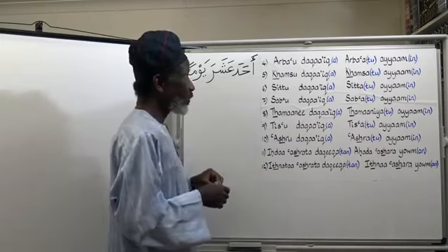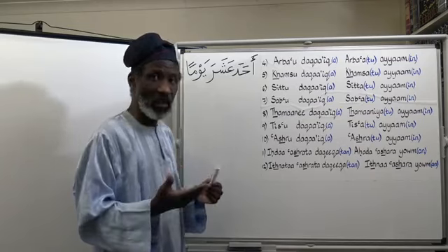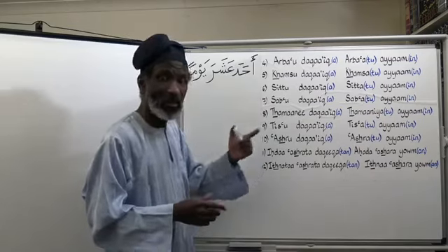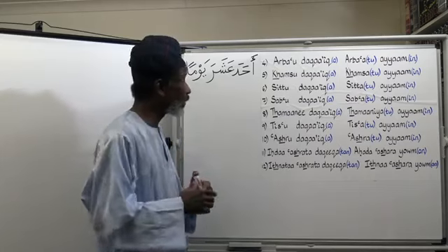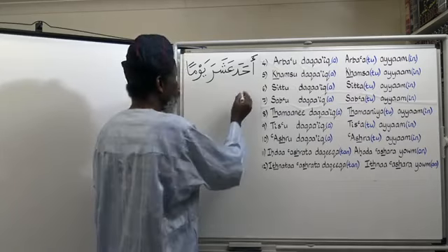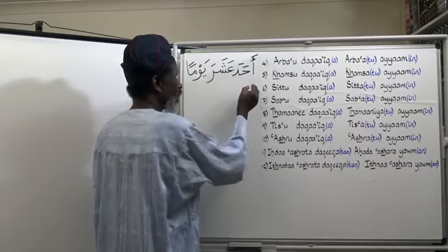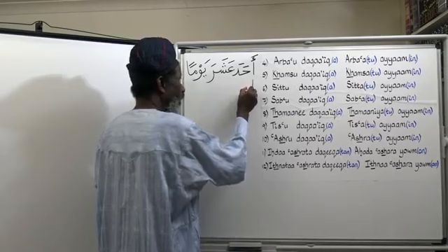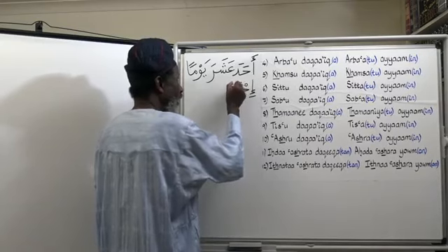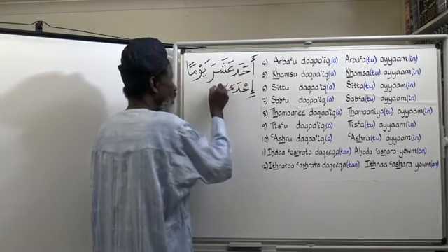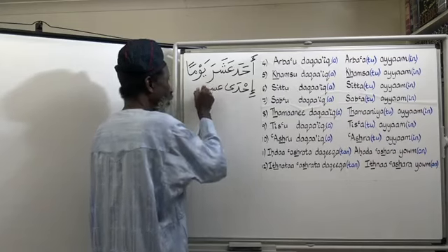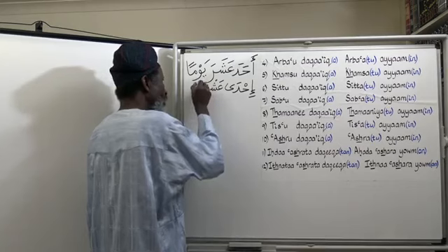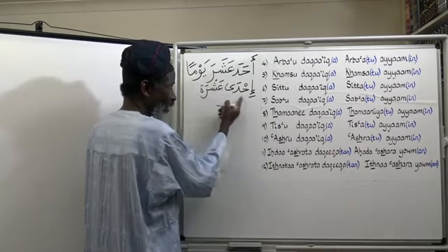If I want to count something which is feminine, say 11 minutes, for instance, دقيقة is minutes, as previously learned. So for 11 minutes, I will use the feminine version of number 1. I will say إحدى, and then I will say عشرة using feminine, because 10 is part of another number.